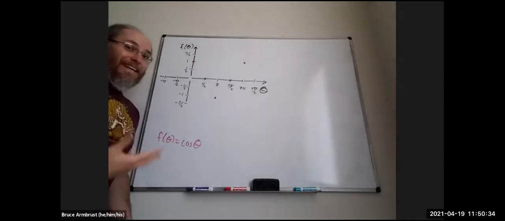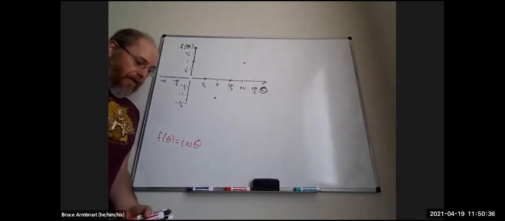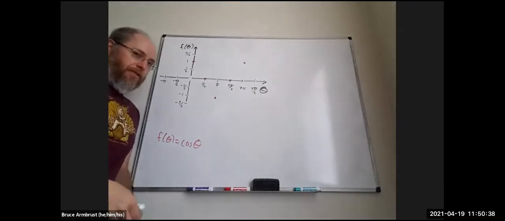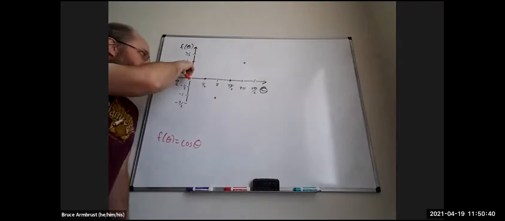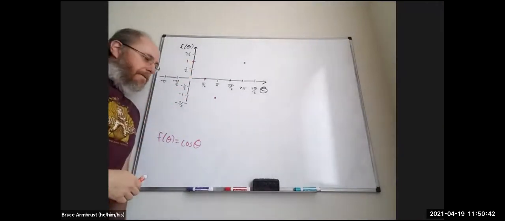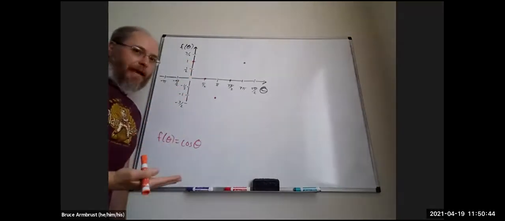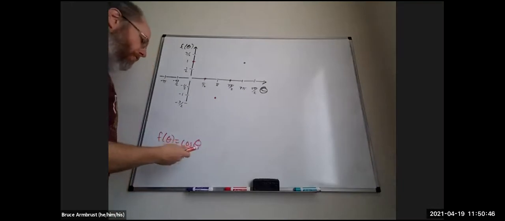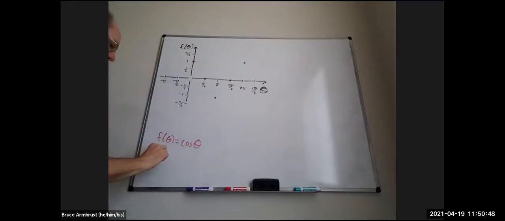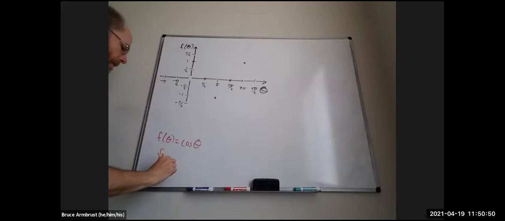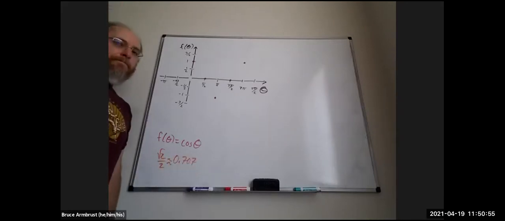Now I need to get the others. And for the others, let's at least use decimal approximations so we can get them roughly where they need to be. Obviously, 1/2, we know where 1/2 is. √2 over 2, that's right around 0.707.